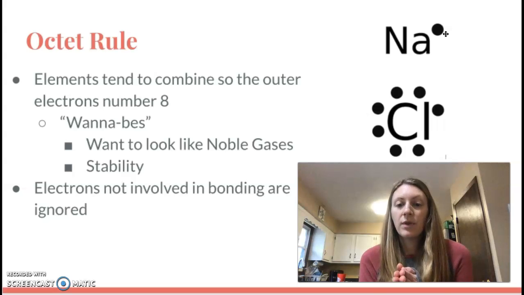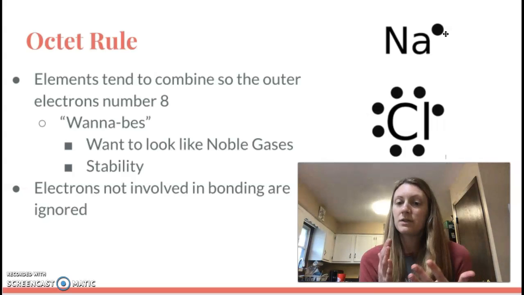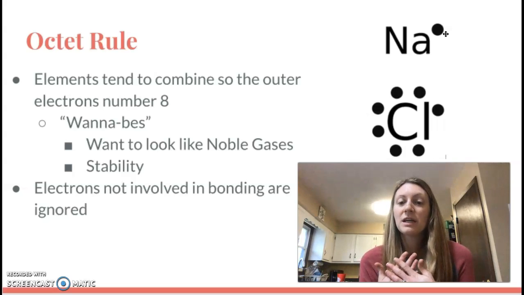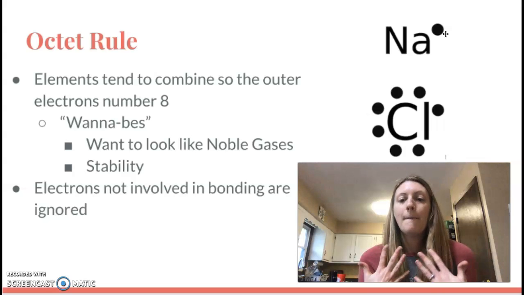The reason that they want this octet is so that they can be like the noble gases. I always call them wannabes, like I want to be a superhero or I want to be a super fast runner. Doesn't necessarily mean that I am actually a superhero. I am not really Wonder Woman, even if I want to be.